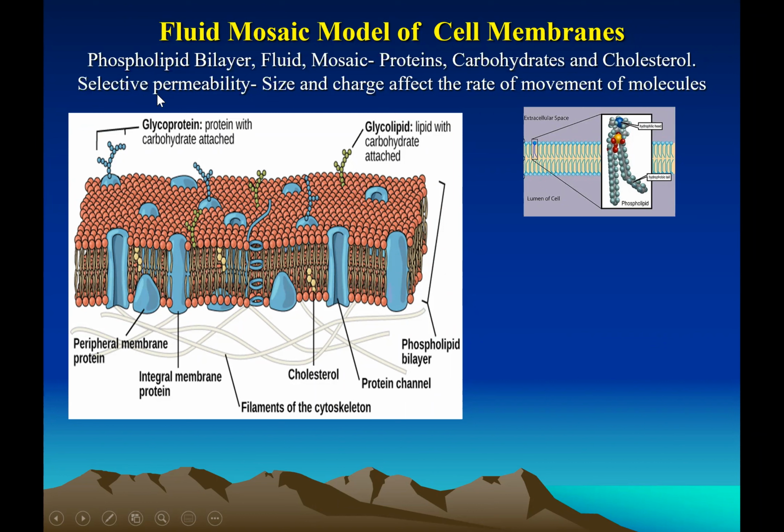It's like the security guard of the cell. It's going to allow some substances to enter the cell and it would stop some substances from entering the cell. So you need a ticket to get into the cell. And here, if you zoom into the structure of a phospholipid, it's an amphipathic molecule. It has a hydrophilic head, a polar head, and a non-polar or hydrophobic tail.